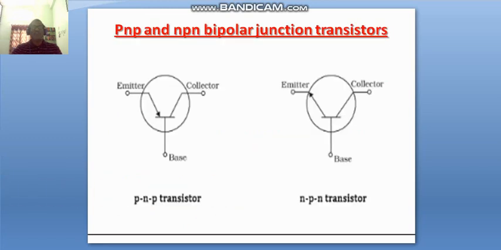If you observe the construction diagram, the first diagram represents the PNP bipolar junction transistor. This is emitter, base, collector. Similarly, in the second diagram, emitter, base, collector.